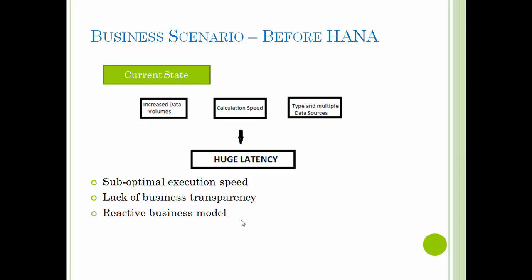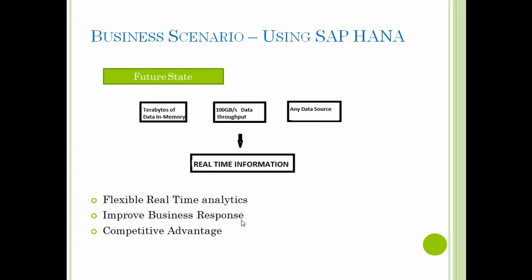Business always sought for something good, something better which can improve their business. So that gave a thought for SAP to introduce its new technology called SAP HANA. So let's now study about what happened when SAP HANA was introduced.